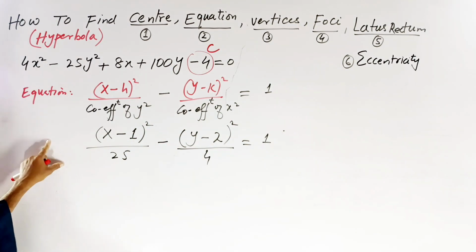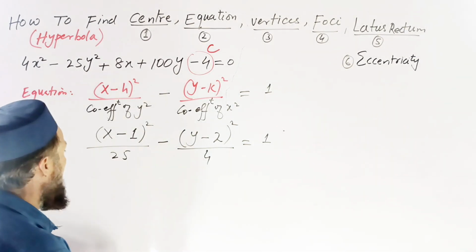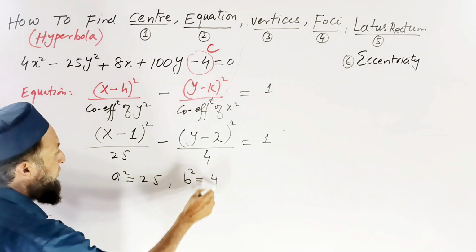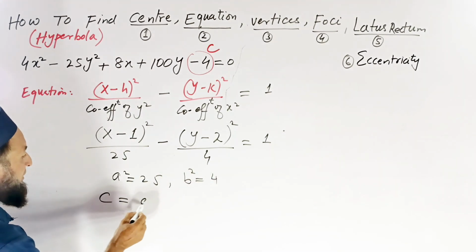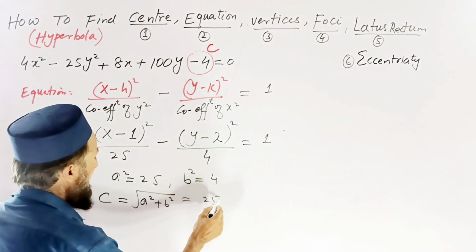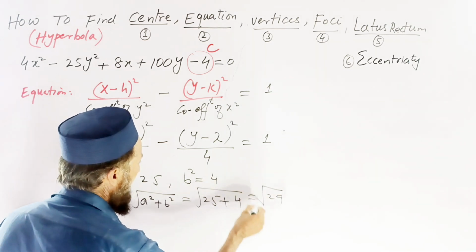This is called the hyperbola equation along the x-axis, where a square is equal to 25 and b square is equal to 4. If we find c, it is the square root of a square plus b square, so 25 plus 4, we get the square root of 29.